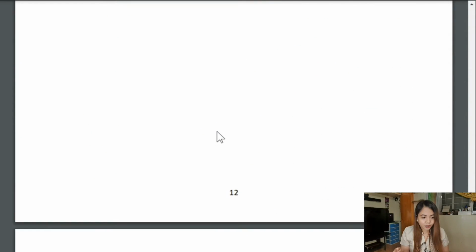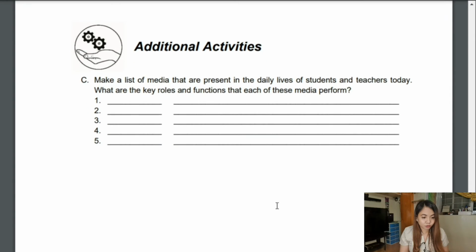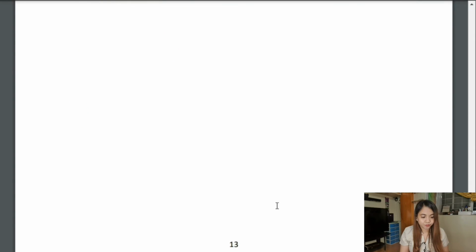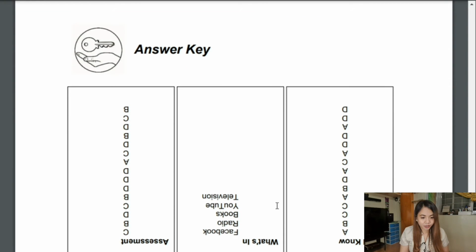Okay, so next. So these are the additional activities. Again, if you have some questions regarding this module, if you didn't understand, make sure that you ask your teachers. Okay, so here, these are the answer key.